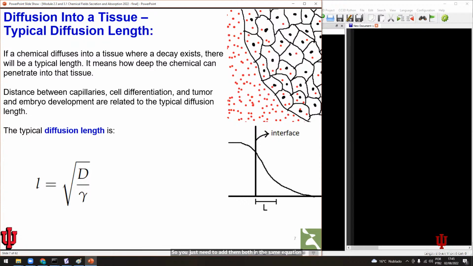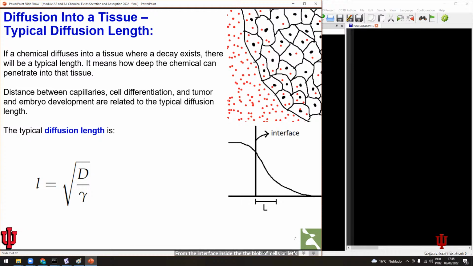Now let's see the diffusion into a tissue, but this tissue is somehow making this field decay. So this tissue is absorbing, consuming, doing something to the field, and making the field decay. In this situation, what you get is an exponential decay from the interface inside the blob of cells, or let's say the tumor.